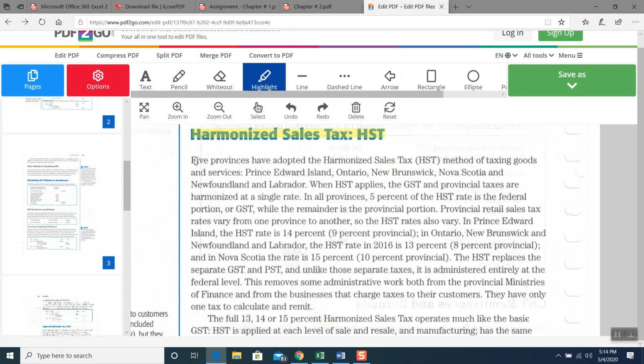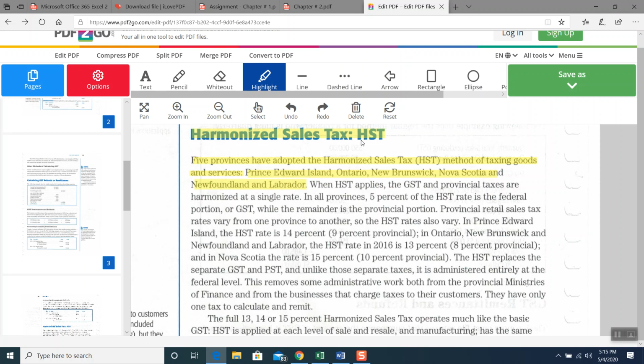Five provinces have adopted the Harmonized Sales Tax method of taxing goods and services. So, which are those five? Prince Edward Island, Ontario, New Brunswick, Nova Scotia, and Newfoundland and Labrador are the ones taking this method of HST.